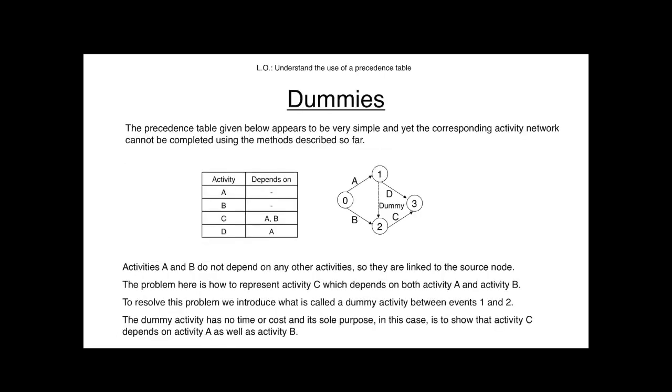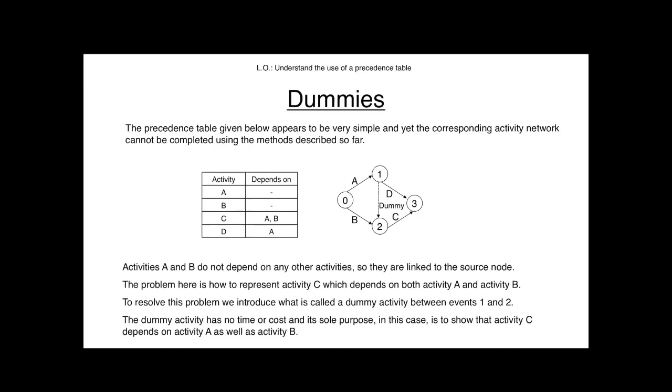Right, last thing we need to talk about today is this thing called dummies or dummy activities. So just look at the precedence table in here. Okay, we've got 4 activities and their different dependencies.